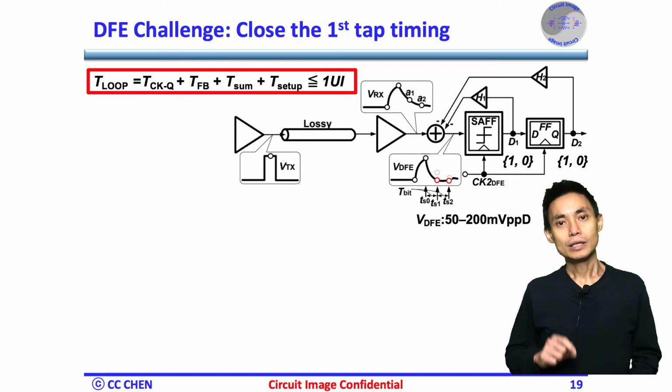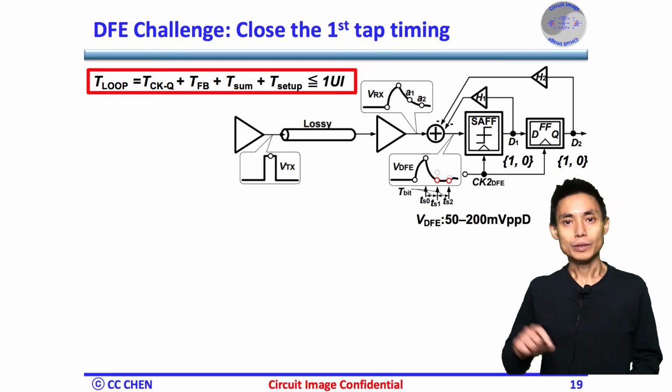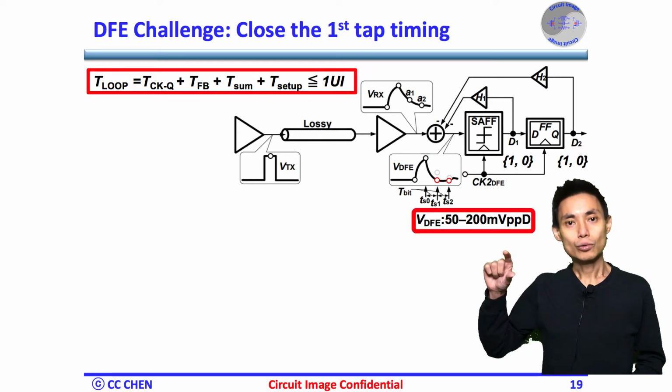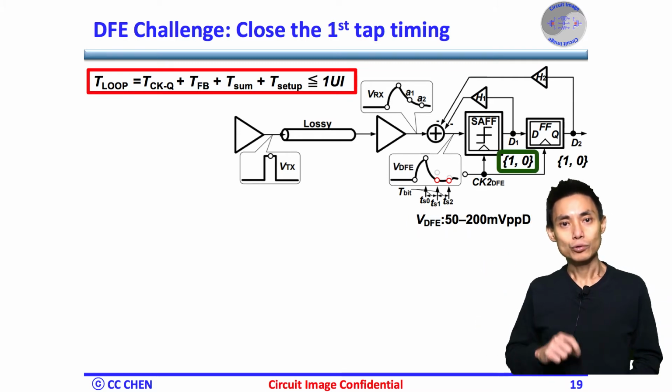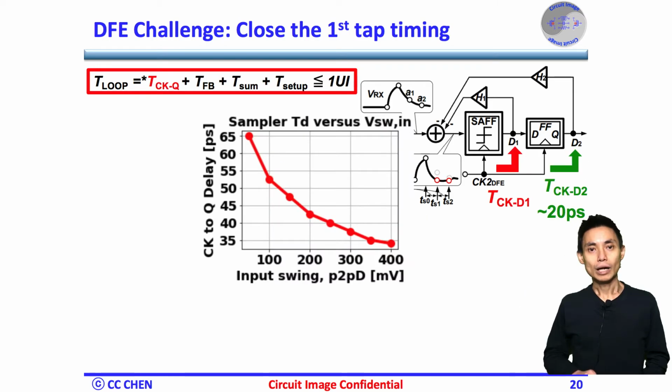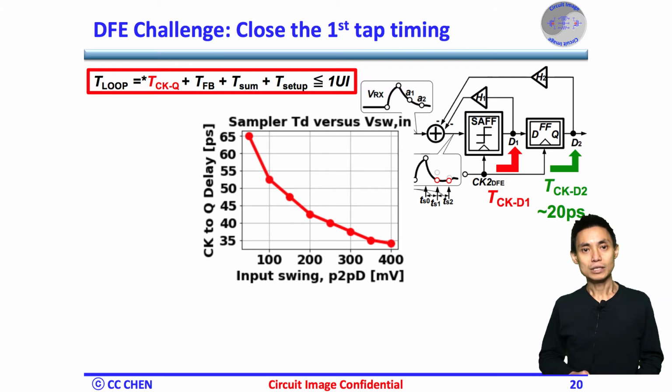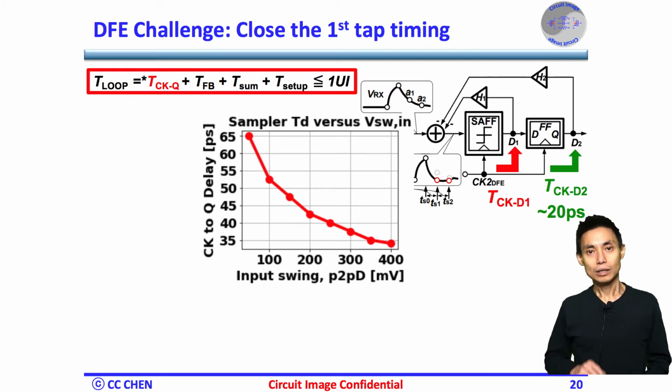As you can see, the input analog signal could be only 50 mV to 200 mV peak-to-peak differential, and the sampler's output would be full swing, which is also the input of the next tap. If we look at the difference between the first and second tap closely, we notice the difference is their sampler's clock-to-Q delay and their input swing.